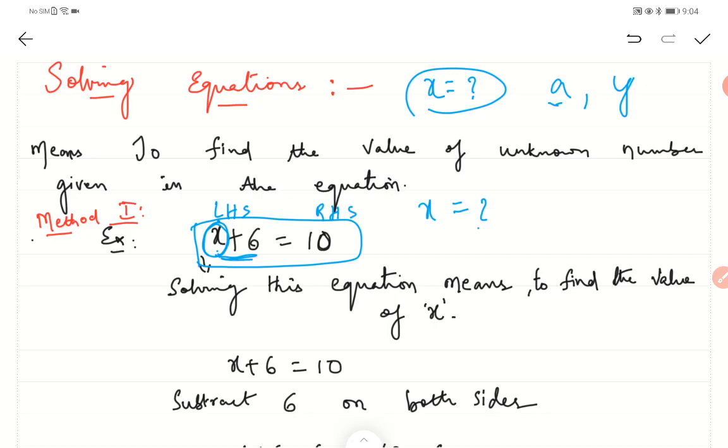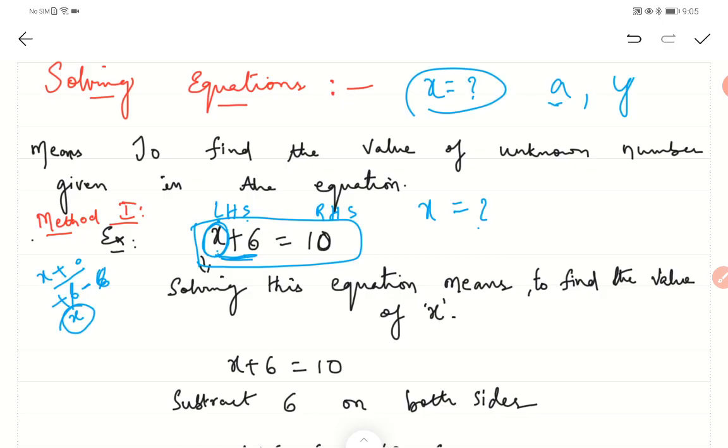So how can I remove this plus 6 on the LHS side? If I just subtract 6, this plus 6 and minus 6 will get cancelled, isn't it? Plus 6 minus 6 will give you 0, that is, x plus 0 will remain. That means only x will remain on your LHS if I subtract 6. But you can't subtract only on the LHS side.